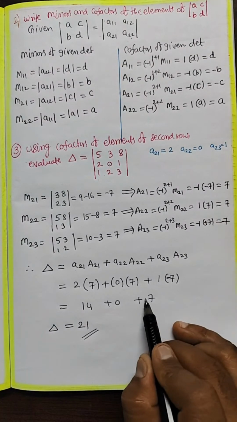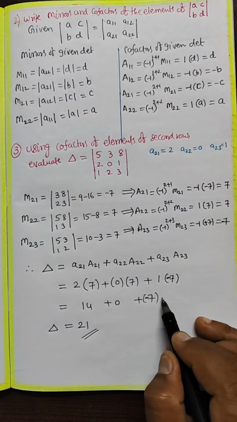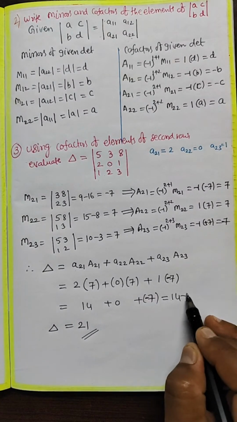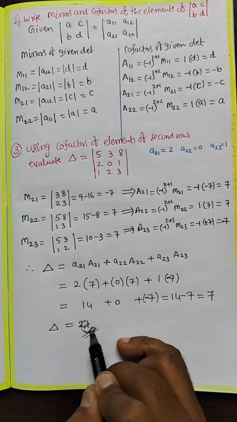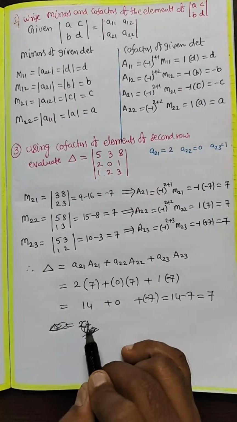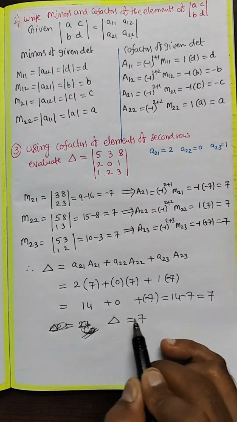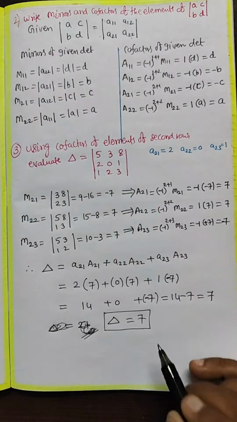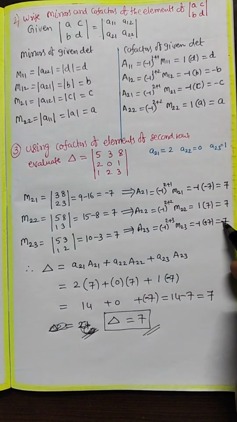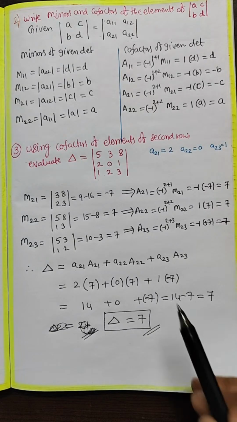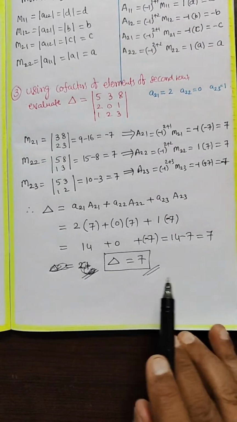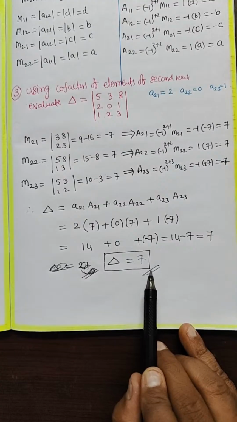This is minus 7. So, 14 minus 7, which is equal to 7. I'm very sorry, dear students. So, your answer is delta is equal to 7. I'm very sorry, here I forgot that minus sign. If one minus sign changes, your total answer changes, so please be aware of this. So your answer delta is 7.